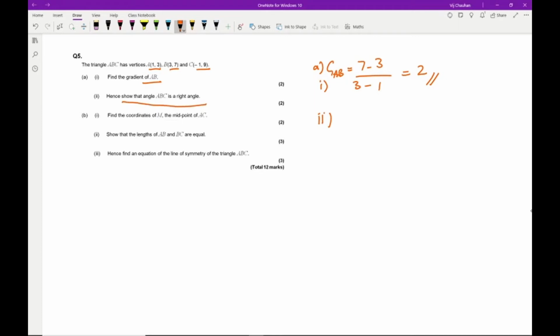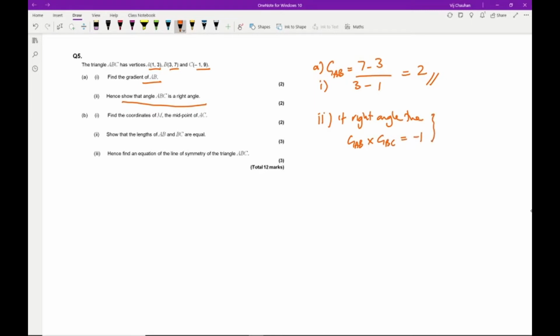Now the fact that it says hence means we want to use the proof that if it is a right angle, then the gradient of AB times the gradient of BC is going to equal minus 1. So that's really, really important.